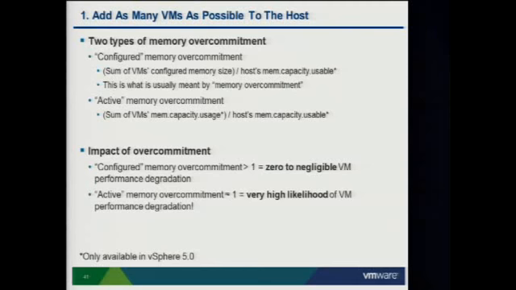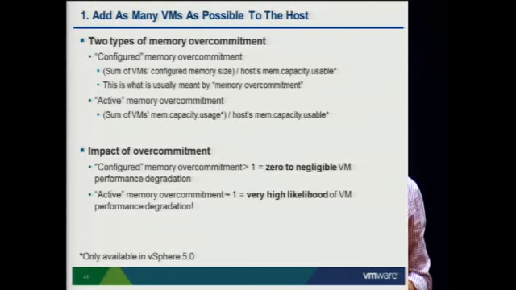But if active memory overcommitment is pushed too high, somewhere close to 100%, then you're almost guaranteed to have a performance problem. Again, if you go back to that SwingBench chart I showed you, at that point we were overcommitting the active memory, and you saw that nosedive. So it's a happy middle ground between maximizing the top one and staying conservative on the bottom one.